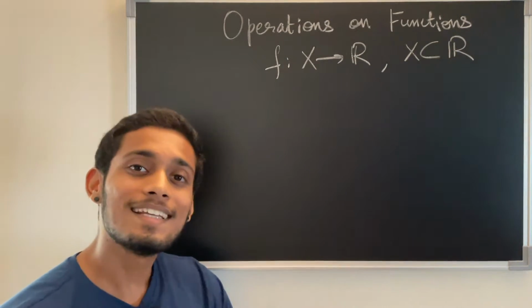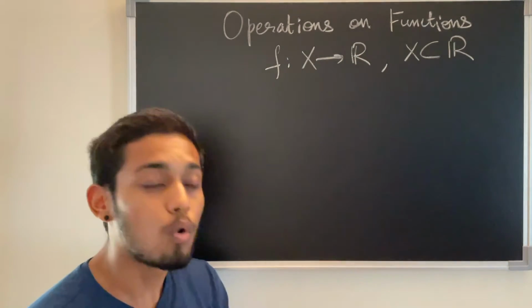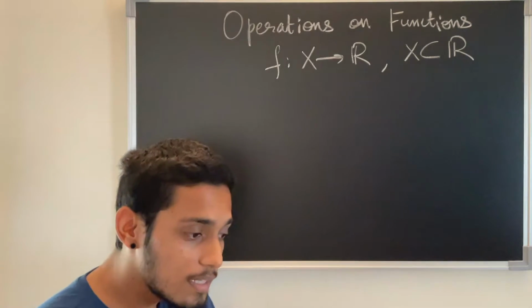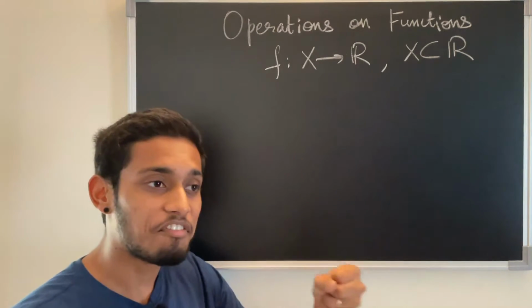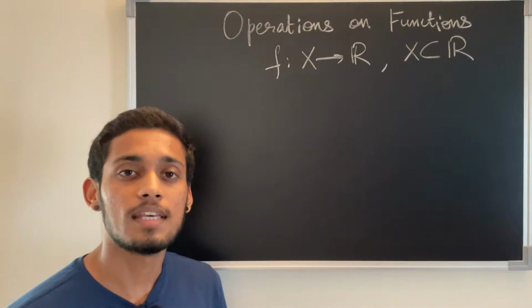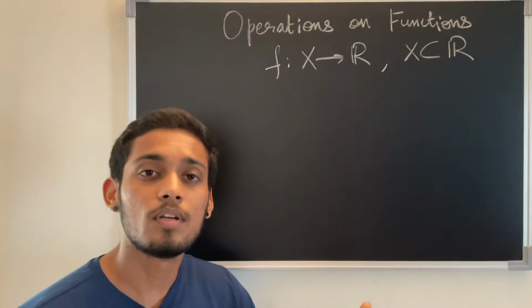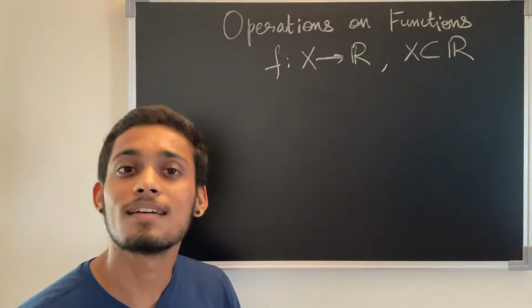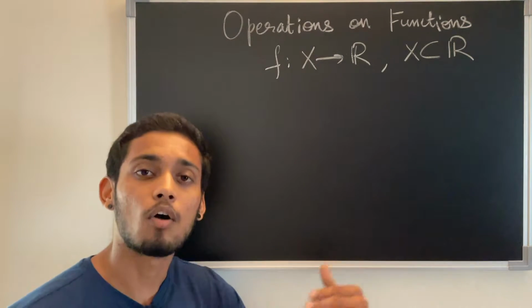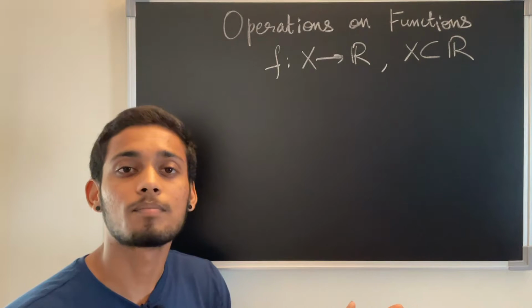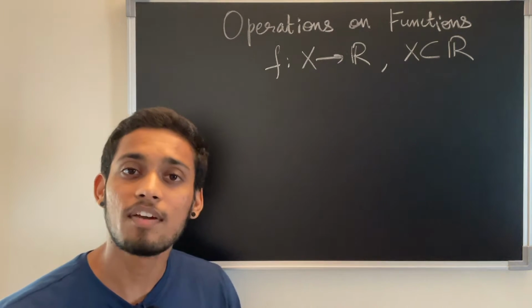I am generally saying subset because I don't know all the elements which f can deal with. For example, the function sine inverse can only take values in a certain range. If you give it values out of that particular interval, it will not have any images.